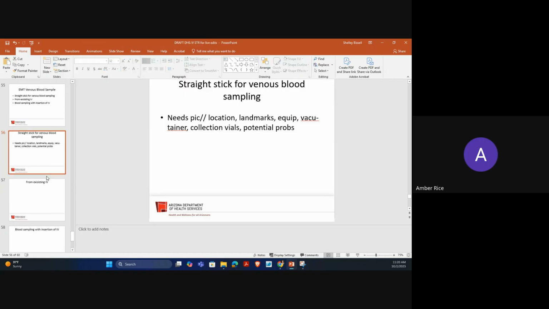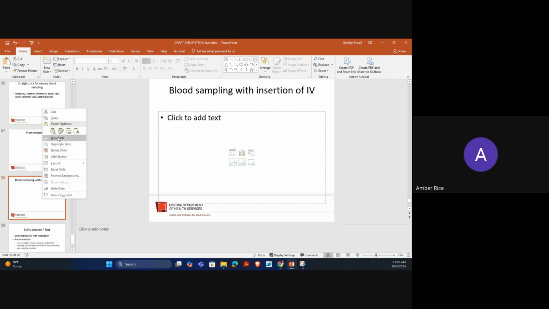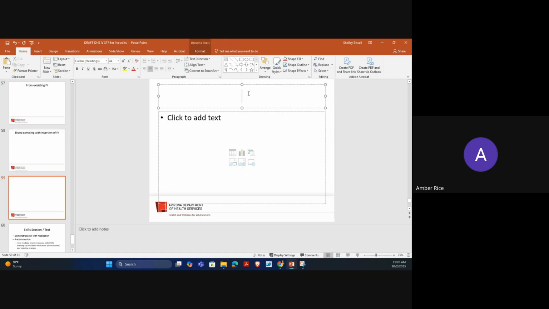And then another slide after this, Shelley, will be safety considerations. This will include things like sharps and labeling. We'll put that on the slide so I remember: sharps, labeling, contamination prevention, waste.